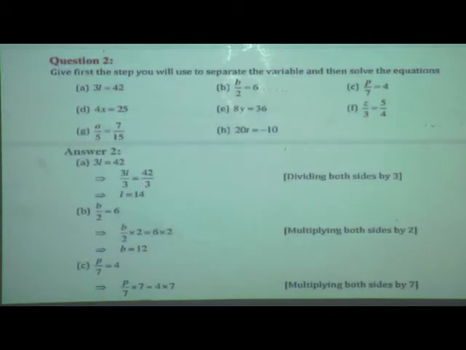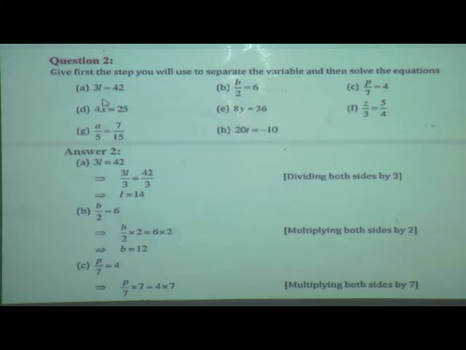It's very easy. Give the first step you will use to separate the variable and solve the equation. Only the first step. Already I have given you some tricks. When it is a multiplication, you have to go for division. When it is a division, you have to go for multiplication.